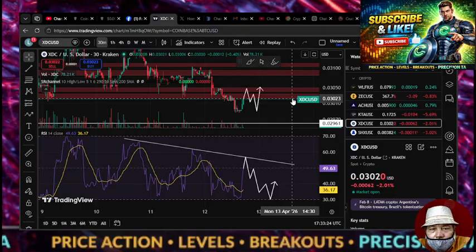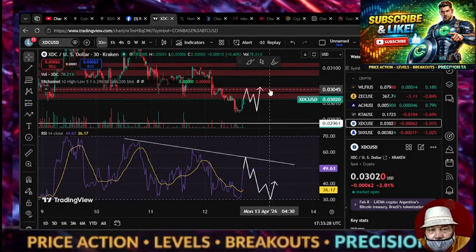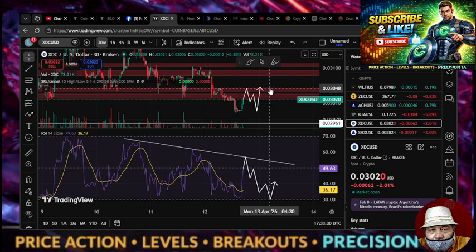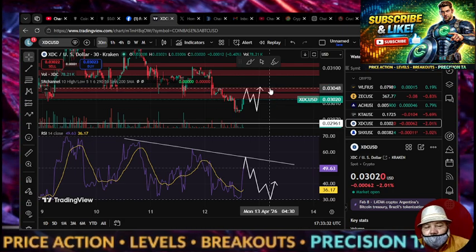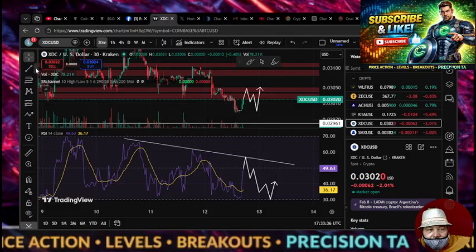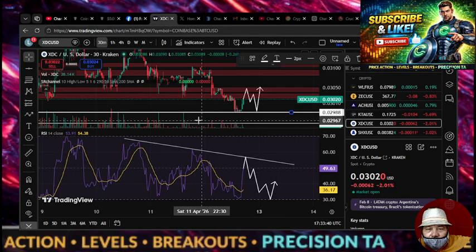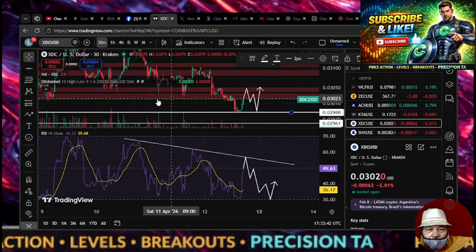So that's what I wanted to bring to your attention here. Looking to get up to 0.3048, get a rejection, head back down, retesting this level that we were previously at, somewhere around 0.2988.